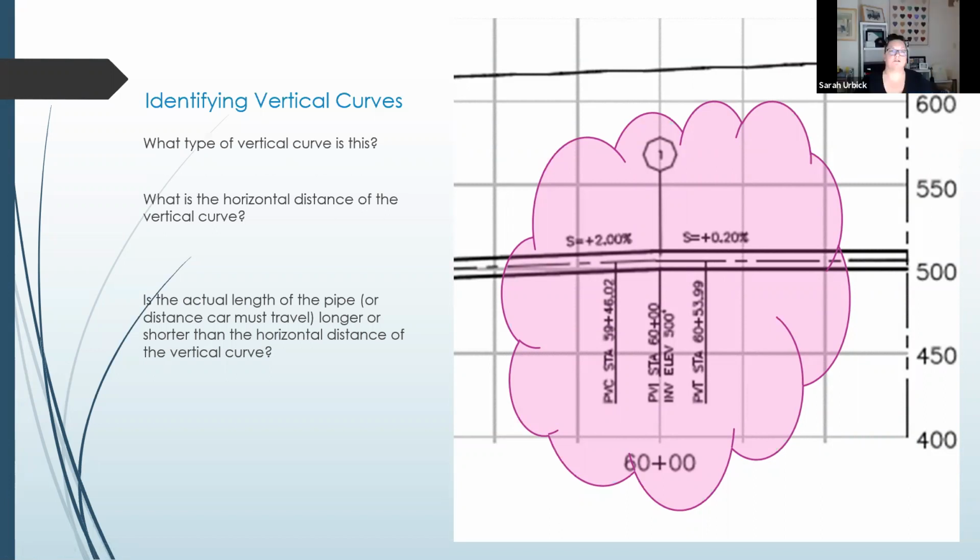Absolutely. So based on what I mentioned before, two types of crest. The type 1 goes up and comes down. The type 2 goes up and stays up. So based on this location, based on this area, what would we say that is?